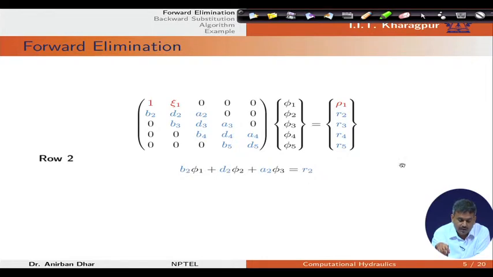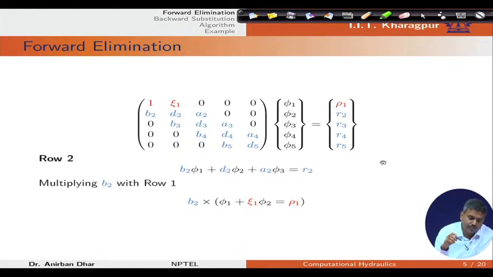Now, in this case we consider multiplying B2 with rho 1.